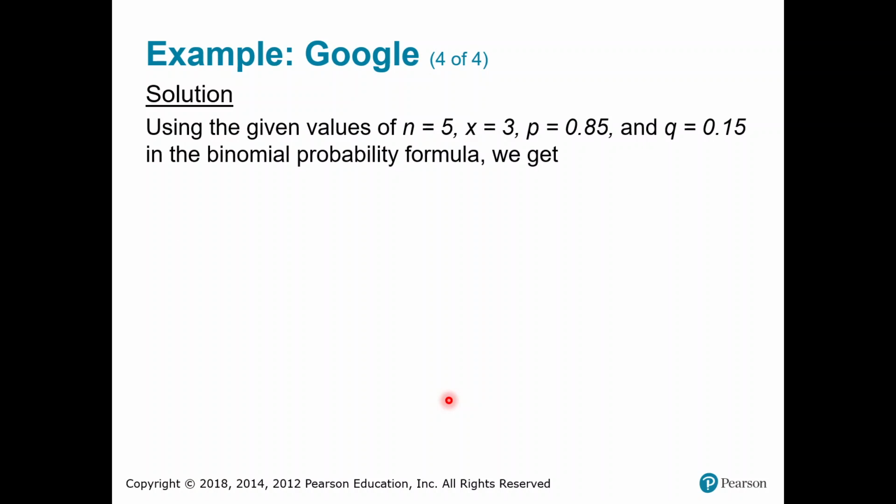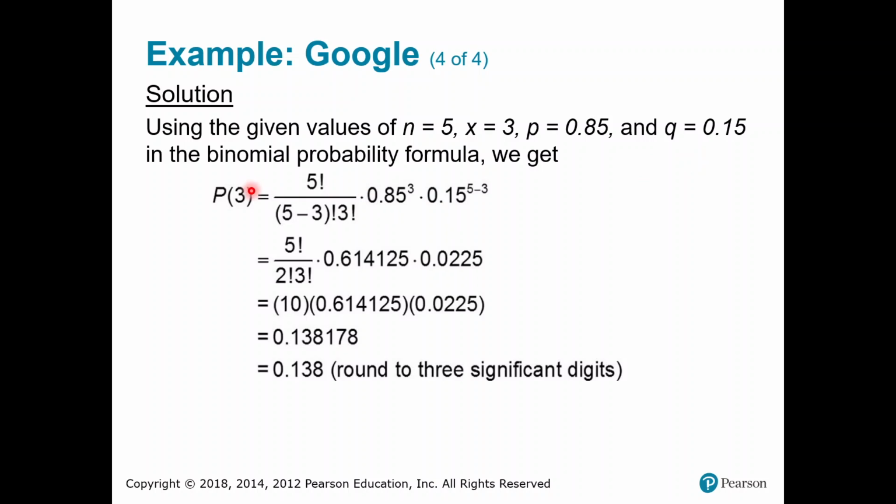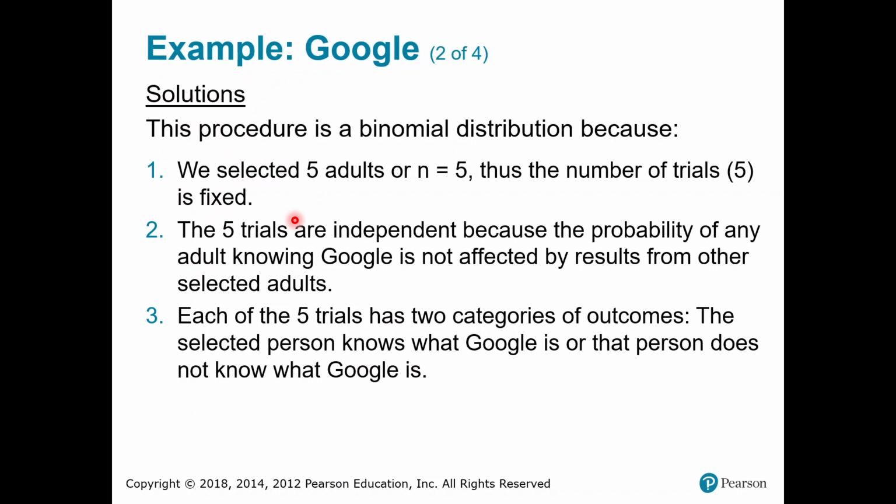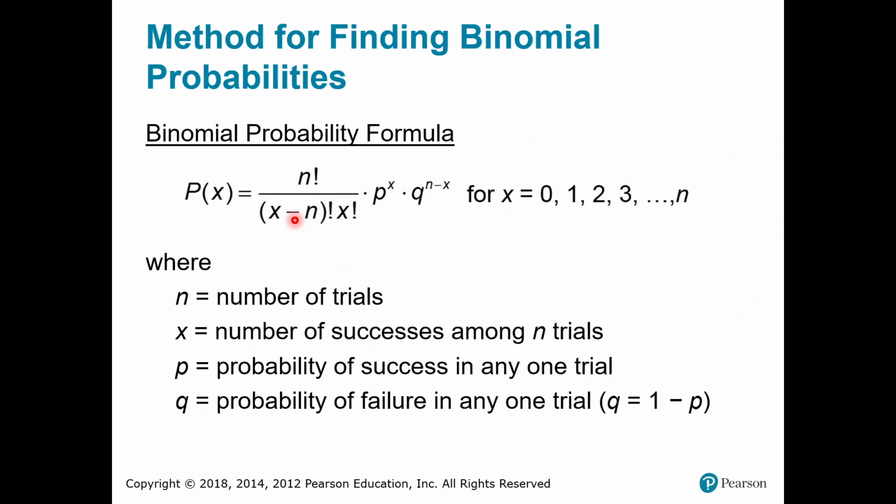Now we have all the numbers that we need. N equals 5, X equals 3, P equals 0.85, Q equals 0.15. We now plug it into the formula. Remember this formula? Right here.